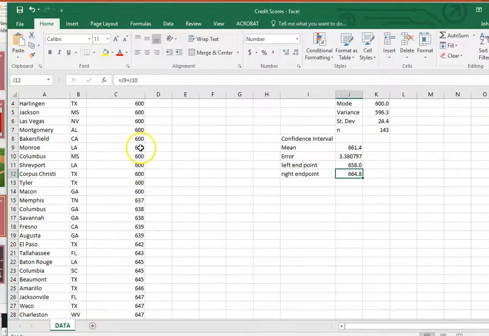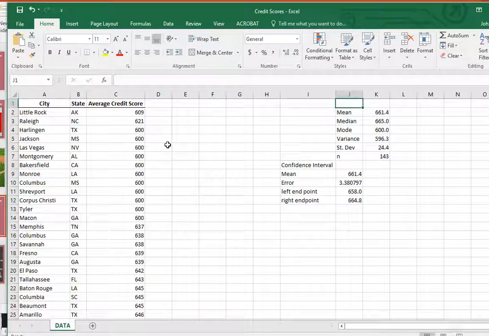Okay. Next, let's test the claim. Let's make the claim that the average credit score, this company claims, is less than 700.